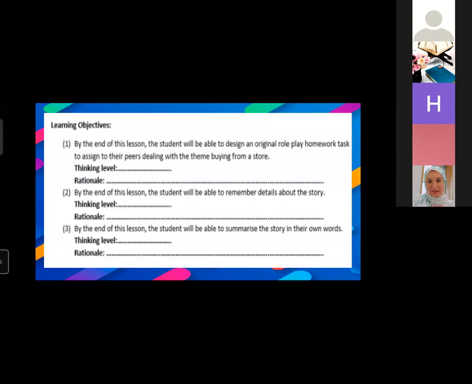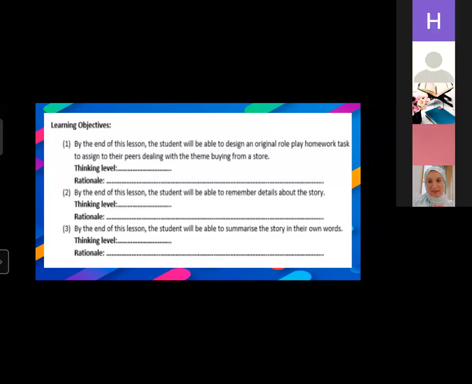Okay, done. Have you finished? Yes. Okay, so I'll read the objective and Noha will choose. Raise your hand, please, if you want to share. The one who wants to answer, tell me what thinking skill it is and the rationale why.